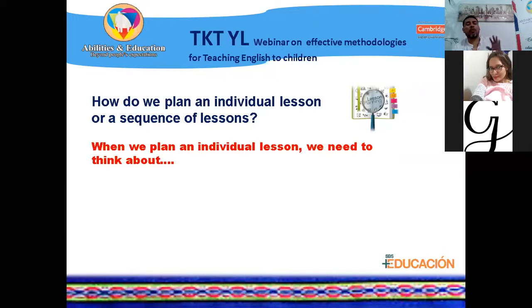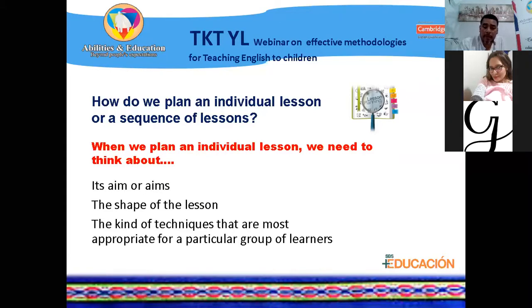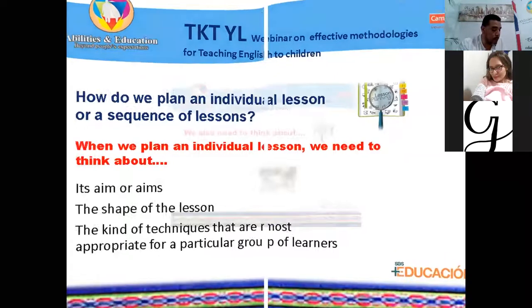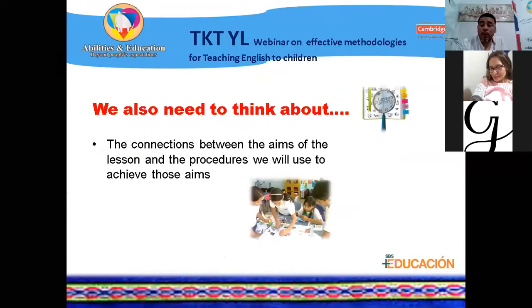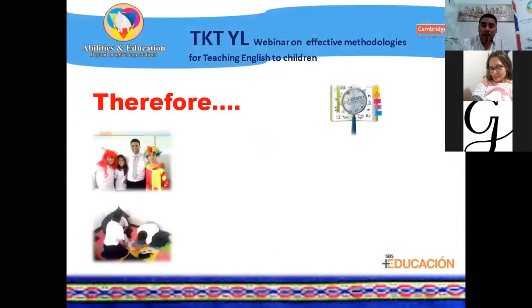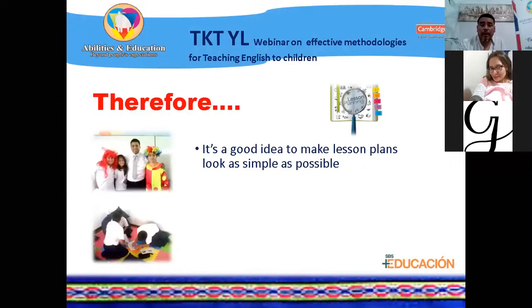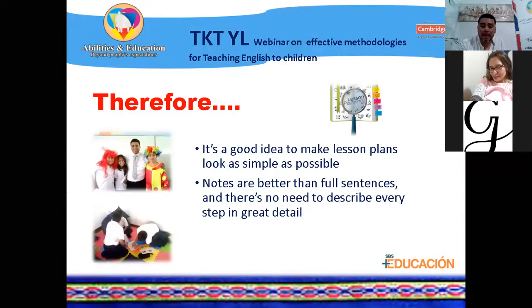Okay, when we plan an individual lesson, then we need to think about its aim or aims, the shape of the lesson, and the kind of techniques that are most appropriate for a particular group of learners. We also need to think about the connections between the aims of the lesson and the procedures we will use to achieve those aims. We need to think about the available materials, the length of the lesson. Therefore, it's a good idea to make lesson plans, as I said before, as simple as possible.